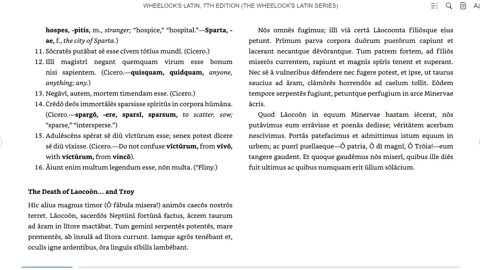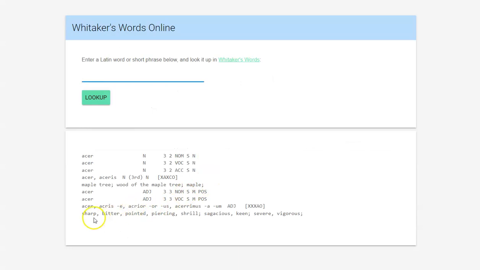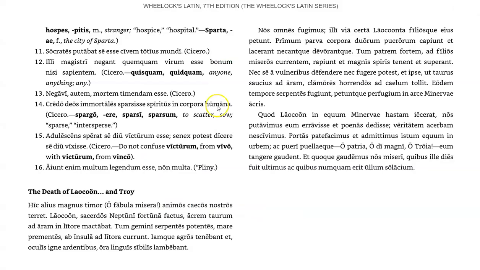We just saw a moment ago how to translate this. We didn't know the bitter truth, the shrill truth. You can decide which one. In Virgil's case, oftentimes it means many of these things at the same time. So we didn't know the shrill truth or the bitter truth.